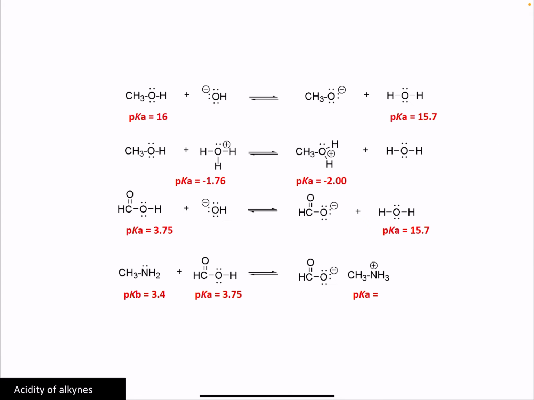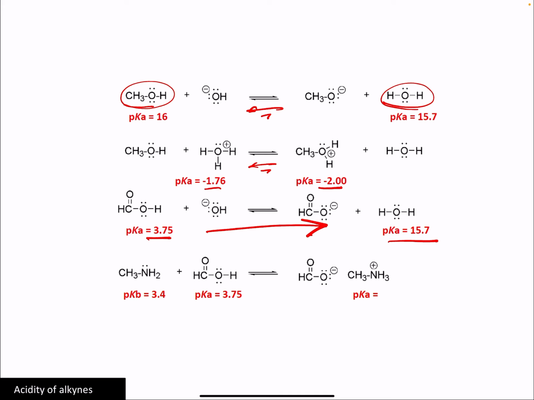Quick review, we saw this before, but we can predict whether these are going to be product favored or reactant favored by finding the acids on both sides. A pKa of 16 for a primary alcohol or methanol versus 15.7, this one will be slightly reactant favored. This one now, who's more acidic? -2 is more acidic, so this one's still slightly reactant favored. 3.7 versus 15.7, this one is totally product favored.